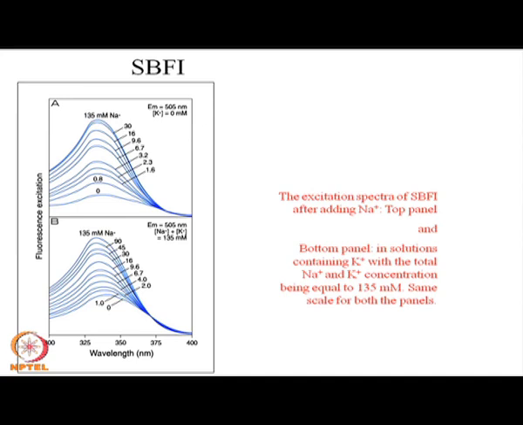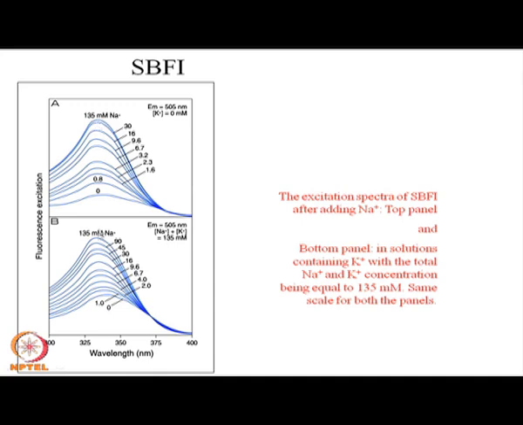You see that there are two things that are done. Emission monitored at 505. In this case, potassium ion concentration is 0, only sodium ion is varied, and you see that it is increasing.